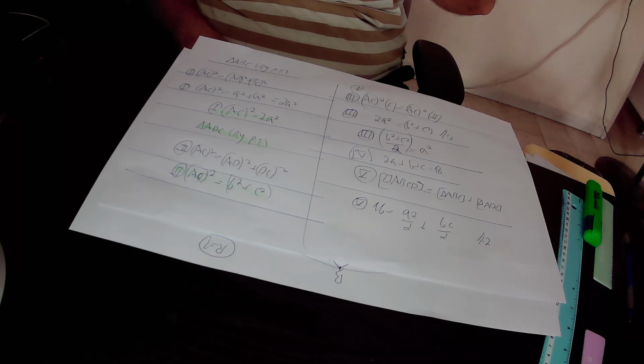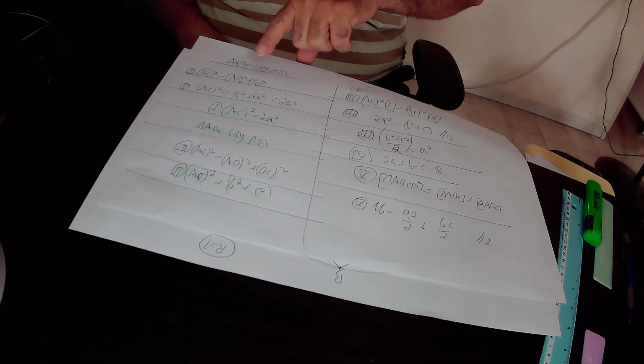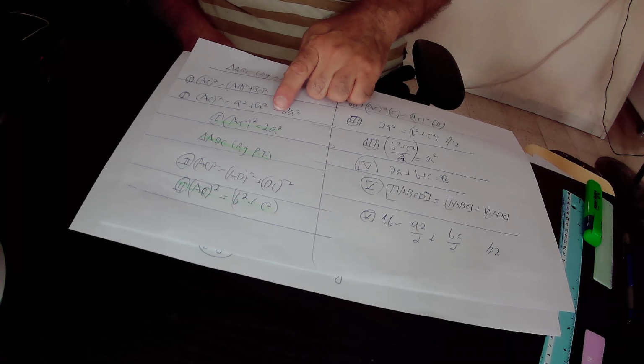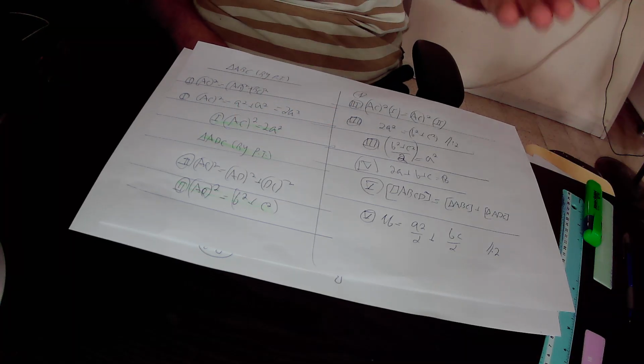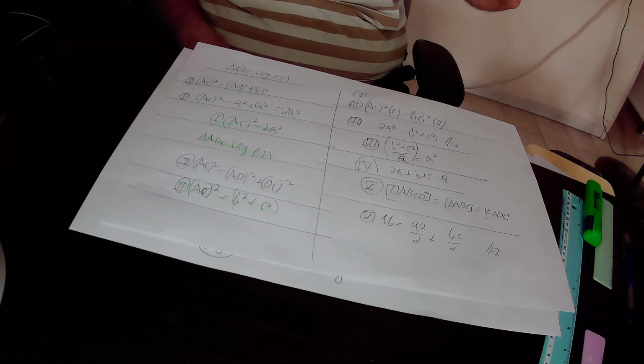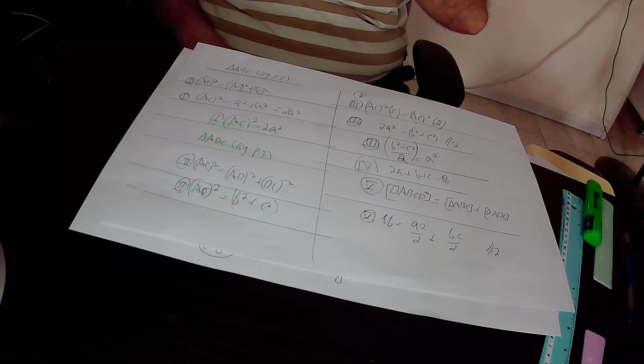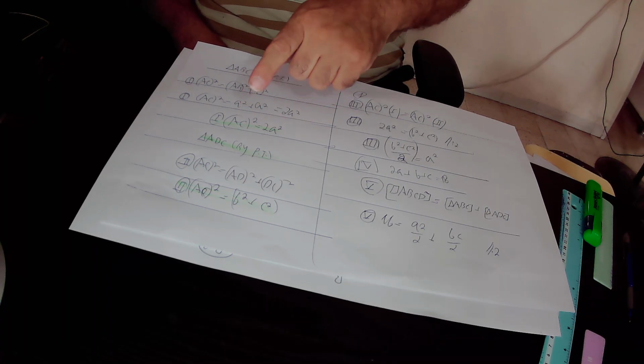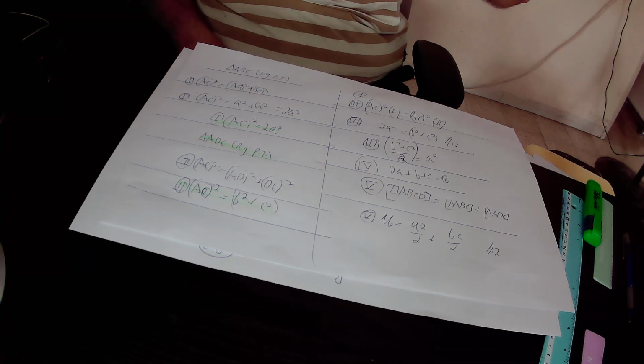So we have two different equations for AC squared. According to equation 1, AC squared equals 2A squared, while according to equation 2, AC squared equals B squared plus C squared. So in the next step, we get equation 3, which says that AC squared according to equation 1 must be equal to AC squared according to equation 2.